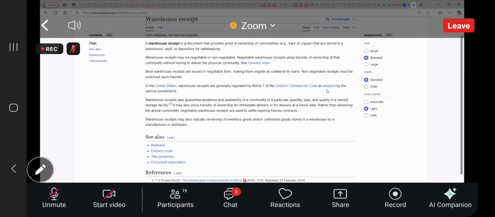Okay? So as it says, UCC code, as adopted by various jurisdictions, the warehouse receipt also guarantees the existence and availability of the commodity of a particular quantity, type, and quality in the named storage facility. It may also show transfer of ownership for immediate delivery or for delivery at a future date, rather than delivery of the actual commodity.